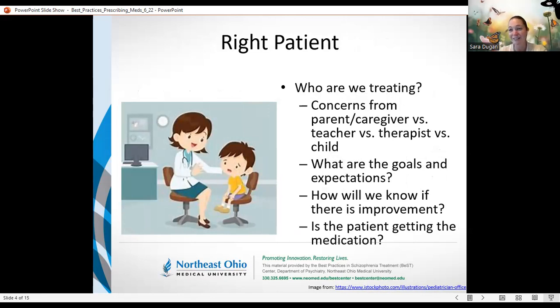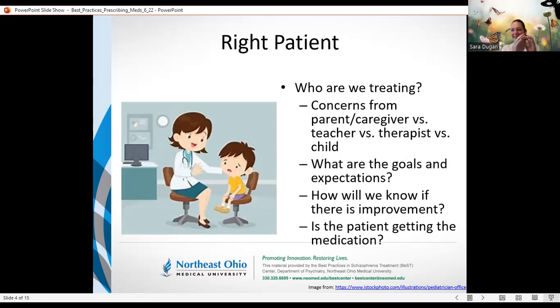So initially, who are we treating? What is it that we're trying to accomplish? Are the concerns about symptoms coming from the patient themselves? Are they coming from a parent or caregiver, from a teacher, from a therapist? Are they coming from the healthcare provider? Have they identified something where they're saying, hey, we need to go after this, when maybe that's not a priority for the patient or for the family?